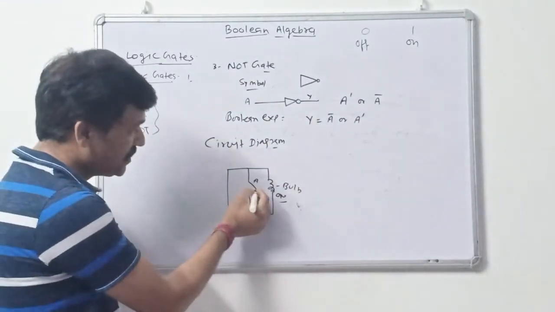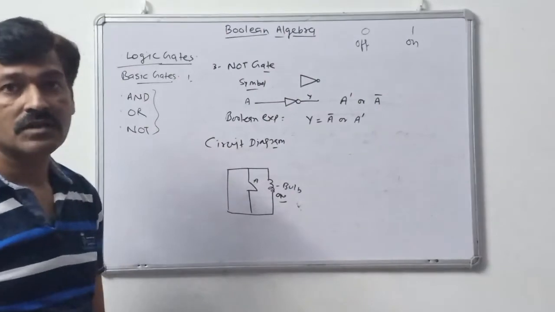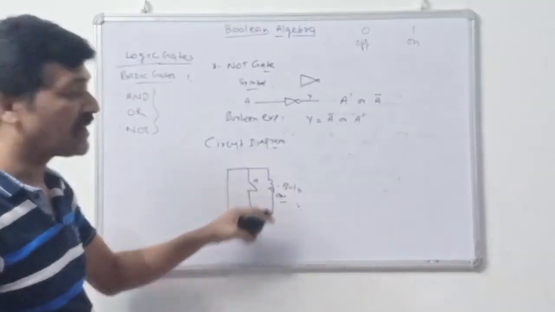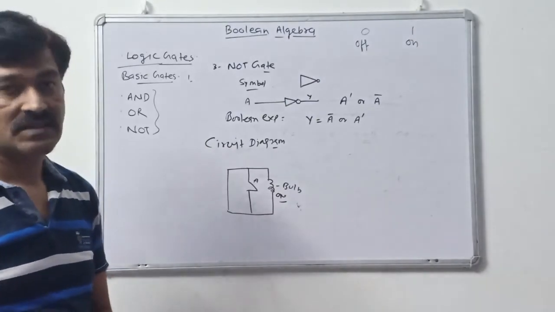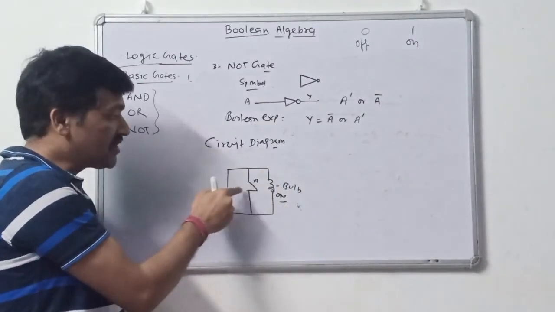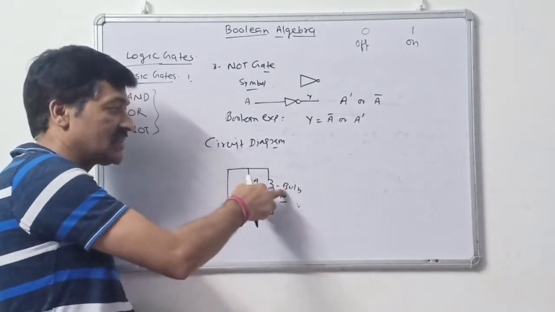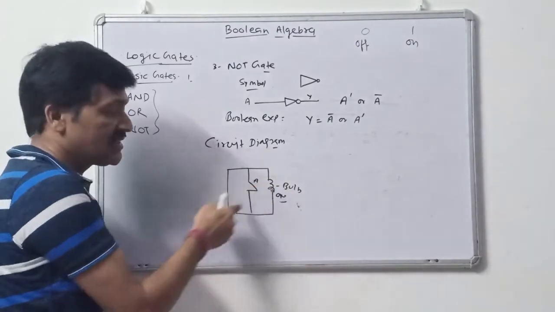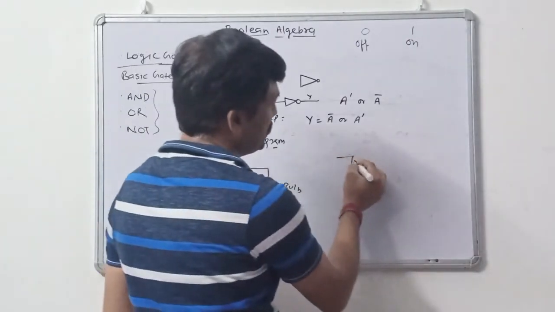But when this switch is on, the bulb will be off, because the rule is the current passes the shortest distance. Current will pass here, not here now. So this is NOT. When this is off, it is on. When this is on, this is off.